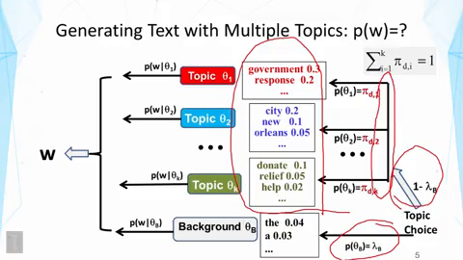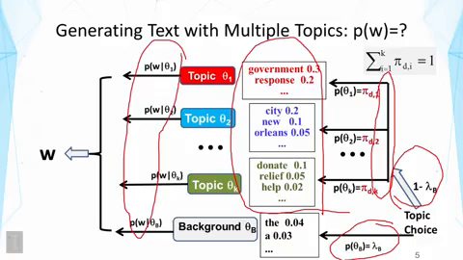So there's a k-way switch here, and this is characterized by the pi's, and they sum to 1. Right, so this is just a different design of switches, a little bit more complicated. But once we decide which distribution to use, the rest is the same. We're going to just generate the word by using one of these distributions, as shown here.